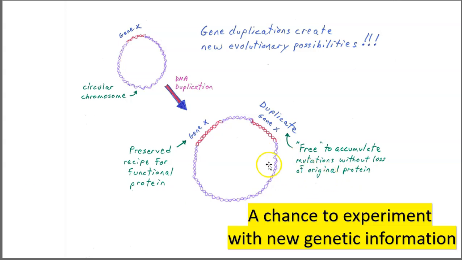So you see, gene duplications provide living things with a chance to experiment with new genetic information. So gene X is the recipe to make some useful protein doing something useful. But now what if you played around with that recipe? Could you make some other new protein that can do something else new and useful? That's what gene duplications do for life on Earth.